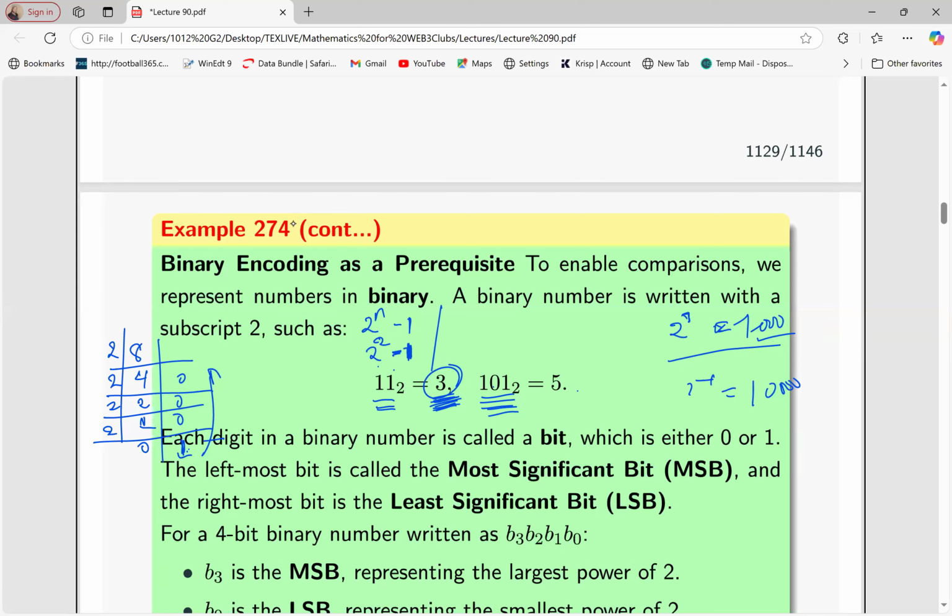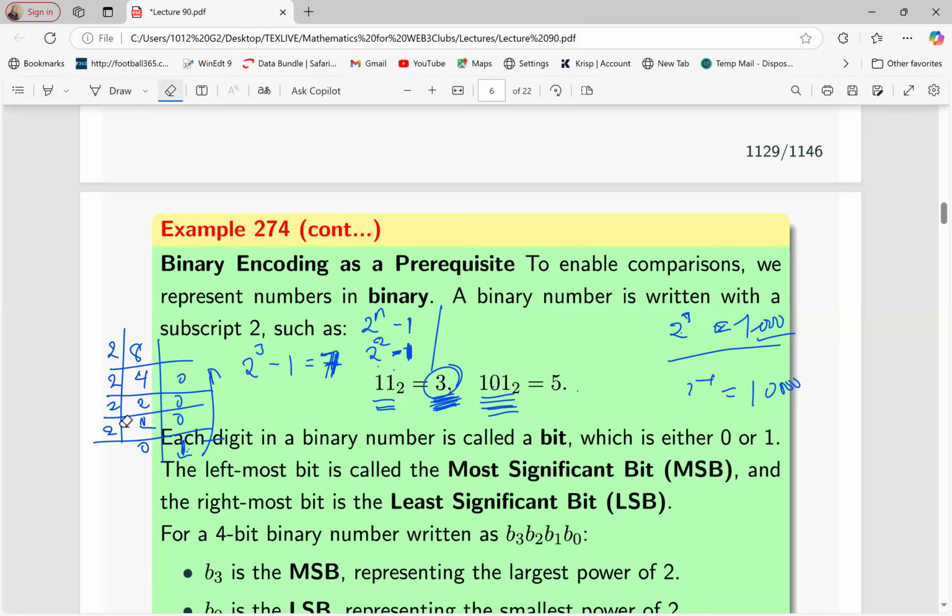So what do you think? We've said 2 raised to 3 would be that. So what do you think 2 raised to 3 minus 1 would be? Because this is 8, so that is 7. What do you think the binary number for the decimal equivalent of 7 would be? Let's just do it, and then we can come up with a general rule.